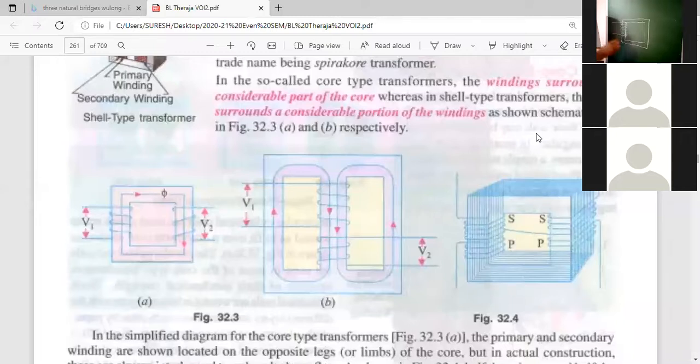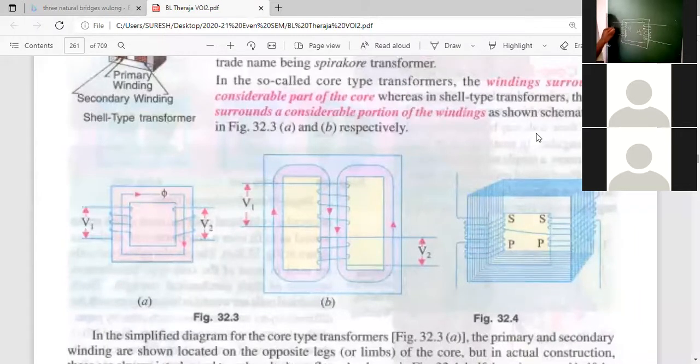This is the primary winding having N1 turns. Now I am drawing the secondary winding. This is N2 turns. The number of turns in the secondary winding is N2. On the core, I am winding the coils N1 and N2.